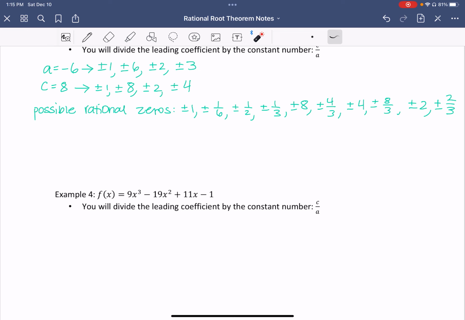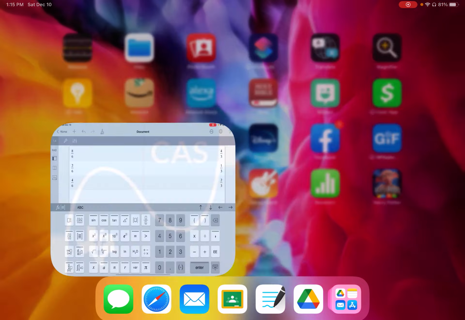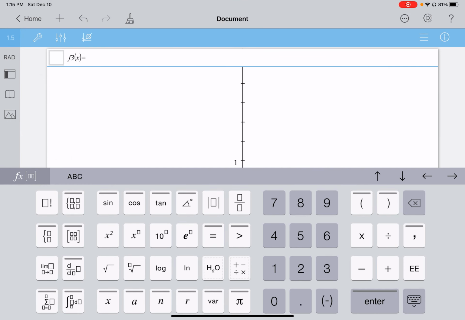Okay, so now we're going to graph it so that we can find the rational zeros. Okay, so open up a new graphing calculator, and we're going to do negative 6x cubed plus 5x squared plus 18x plus 8.